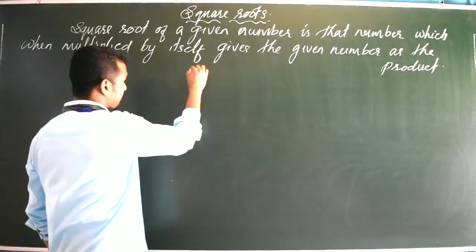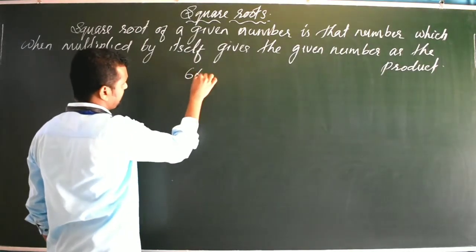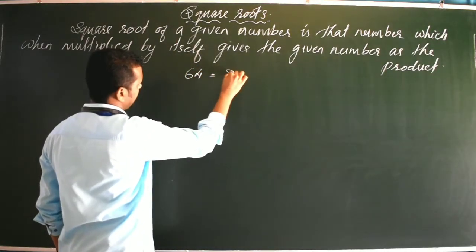Example: the square root of 64 is equal to 8.